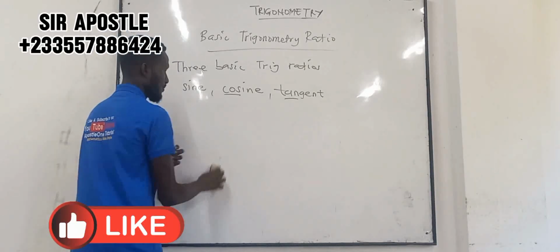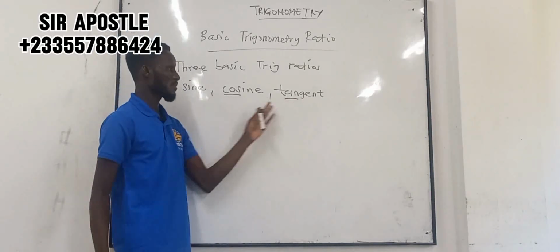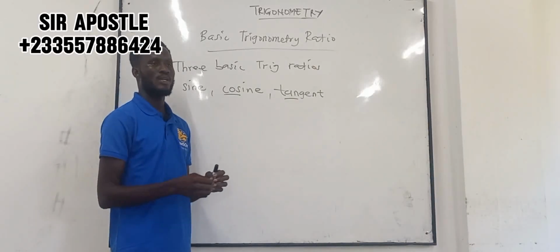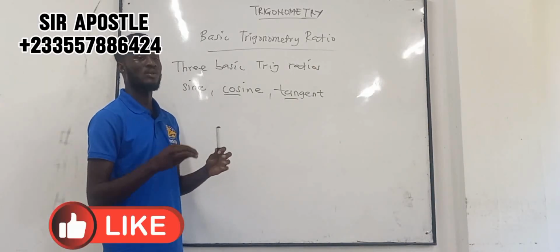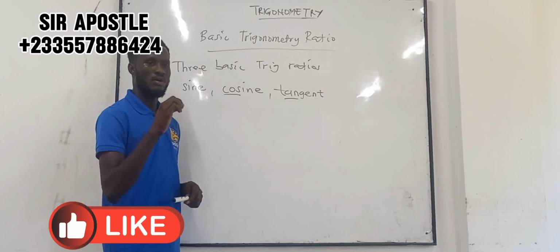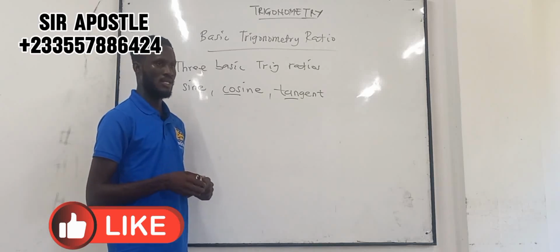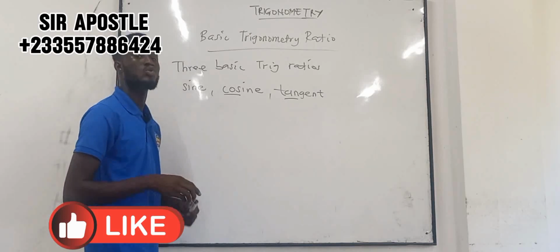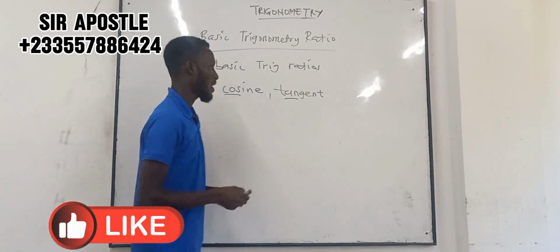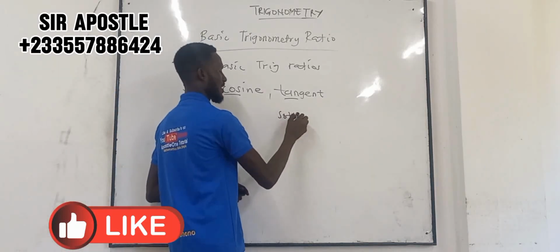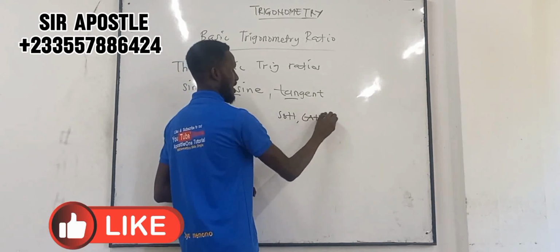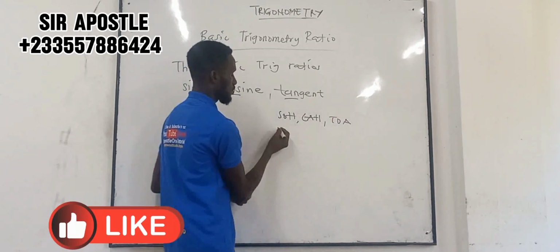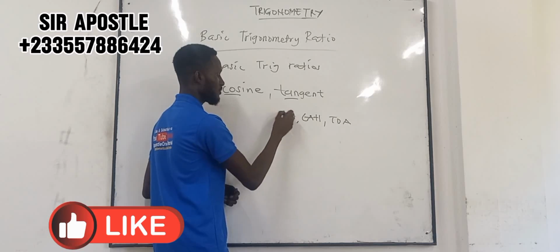As I was saying, these trig ratios link the sides and the angle of a right-angle triangle, using a particular formula called SOH CAH TOA.